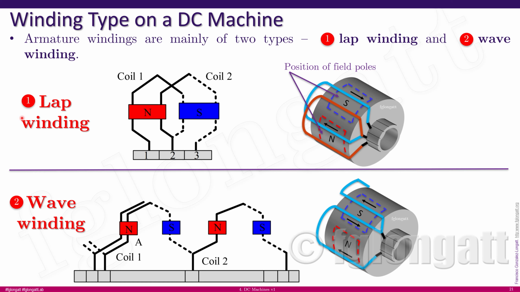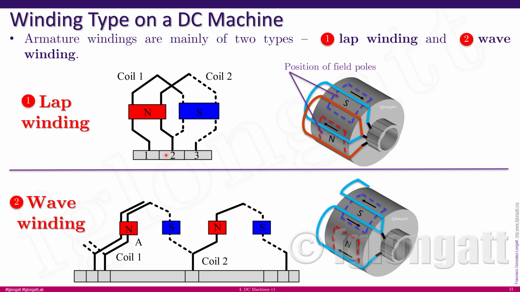The lap winding is quite interesting because, as you can see, in black color I have coil number 1. Number 1 and number 2, which I am pointing to with the laser, show that this is the starting point of coil 1, and then it goes to point number 2, where the end of coil number 1 is connected to the starting point of coil number 2.